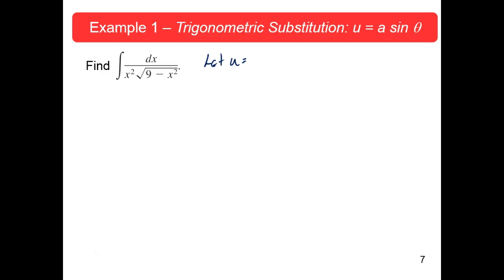Except not 9. That's square root of 9, which is 3, because that'll be a 3 squared. Let u equal 3 sine, or you could do cosine, and then your theta.